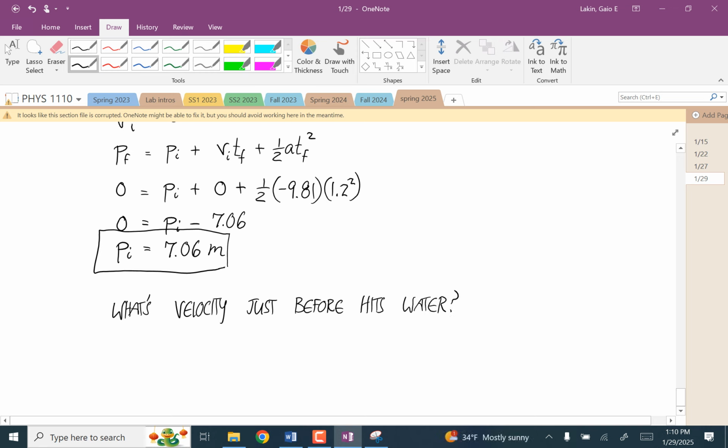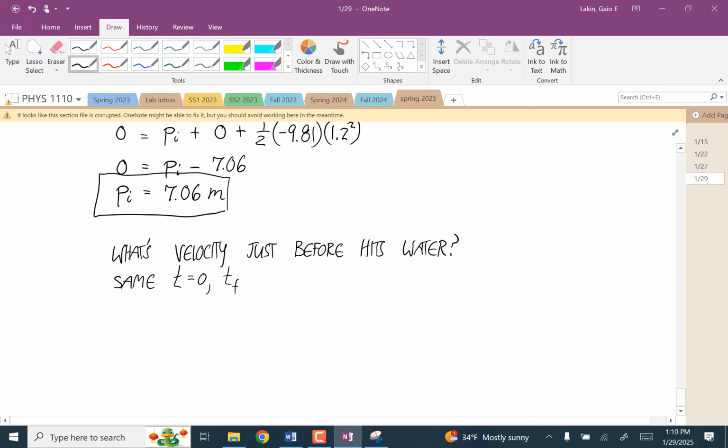Okay, is there any reason that we have to change our time equals 0 or time final? No, the instant that I'm asking about is still one of our two instants that we chose before. So we're going to use the same time equals 0 and time final. And that means everything we knew before, we still know.